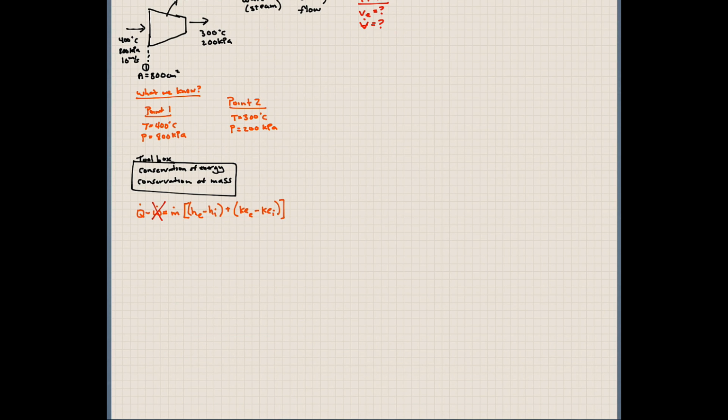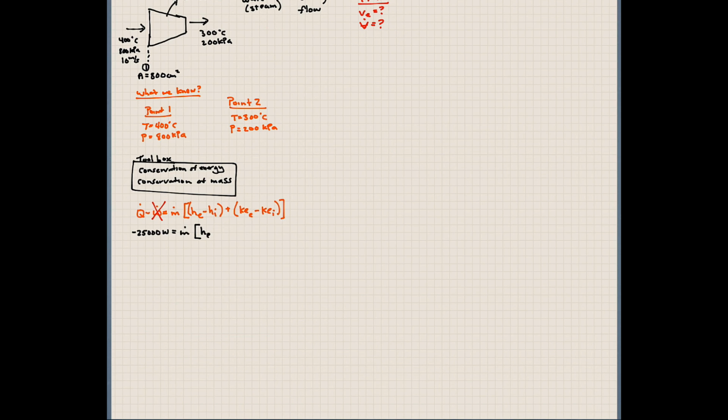Okay, so we have heat transfer. And heat transfer out of a system, when we use our typical sign convention, is going to be negative. So we have negative 25,000 kilowatts. Or watts, I'm sorry. Now, keep in mind, I'm writing watts because I have this little dot. M dot signifies that it's a rate, okay? So it's going to be per unit time. So the mass flow rate here, we don't know.